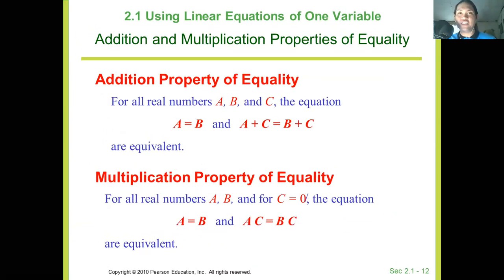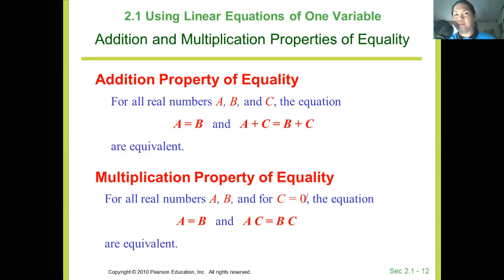Now, the addition and multiplication properties of equality. These are our standard properties according to their rules. Addition property of equality: for all real numbers A, B, and C, the equation A is equal to B and A plus C is equal to B plus C are equivalent.